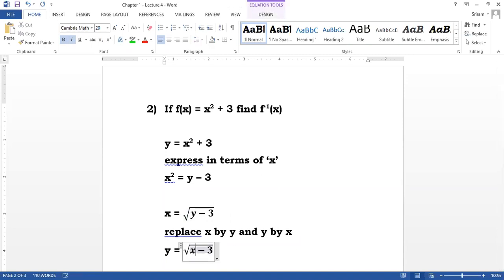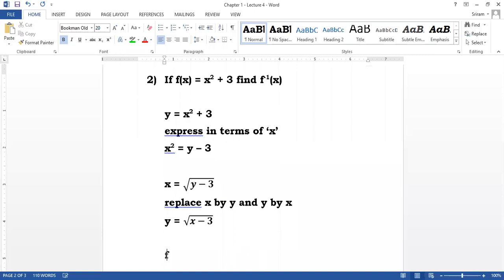So this y, equal to root of x minus 3, is called f inverse of x. So f inverse of x is equal to root of x minus 3.